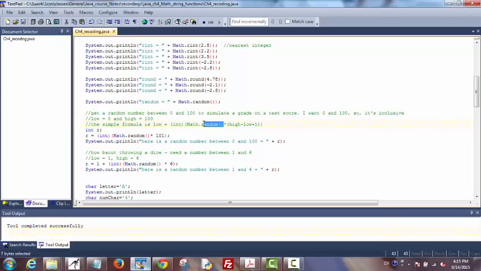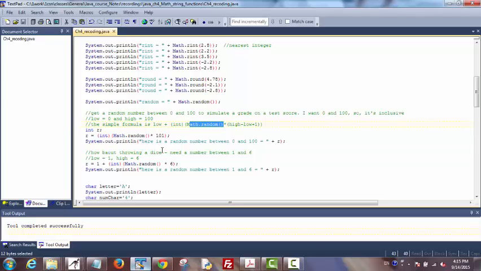It says take the random number, multiply it by high minus low plus 1. So in this case, 100 minus 0 plus 1 is 101. The reason for that is that random never gives us 1, so we have to accommodate for that.